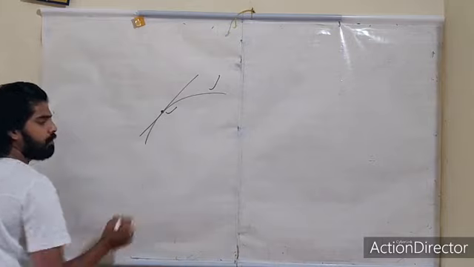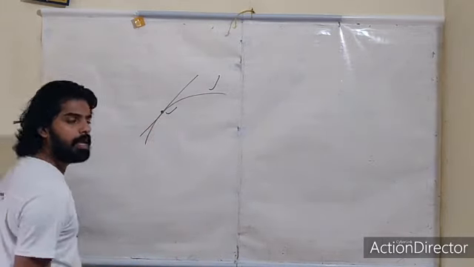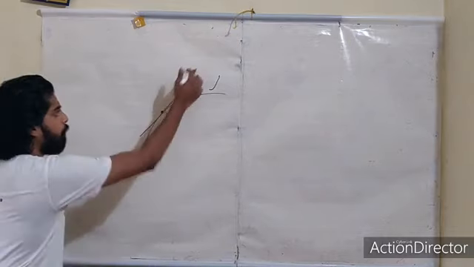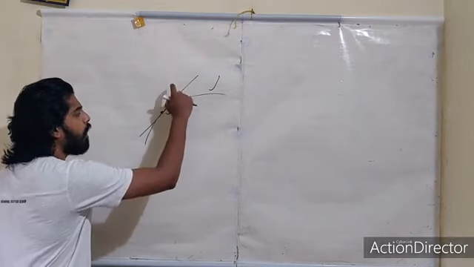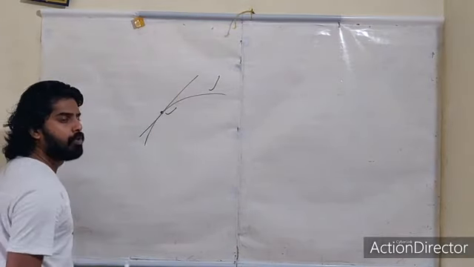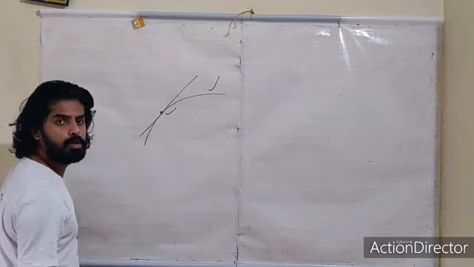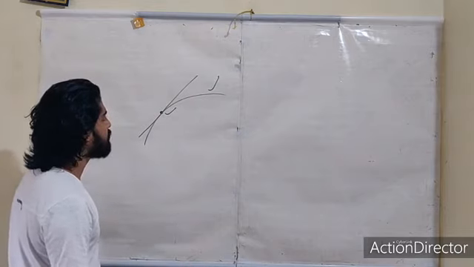You will just differentiate this curve, you will form dy by dx, substitute this point at the place of x and y, and you will get the slope of this tangent. Then you have to find the equation of this tangent, you will use point slope form. Already the point is given, you just found the slope and you will use point slope form, y minus y1 equal to m into x minus x1.